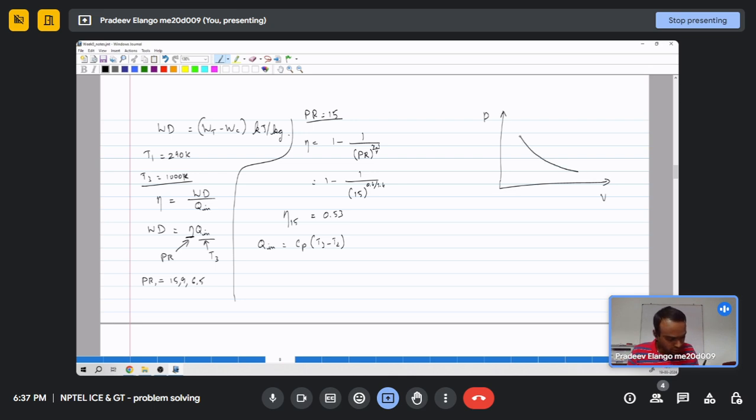We compress for a Brayton cycle, and this is 1, 2, 3, 4. T3 will have the highest temperature, and that is given as 1000 Kelvin, and state 1 is given as 290 Kelvin.